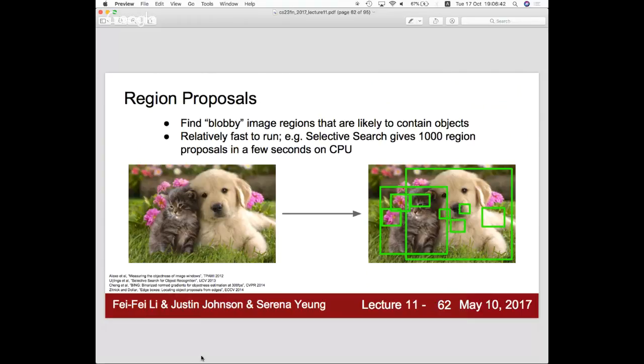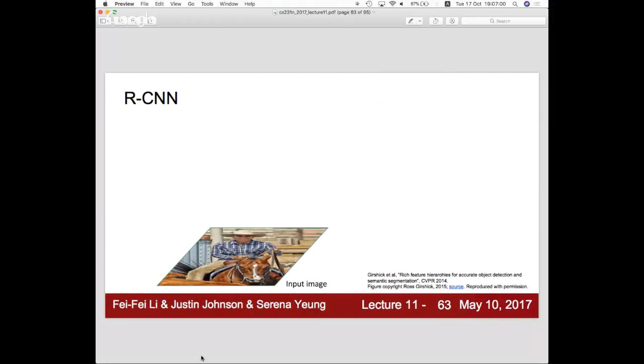I think that's what the algorithm does, at least what I read about it anyway. And you would accept both regions because the amount of overlap is not too high.